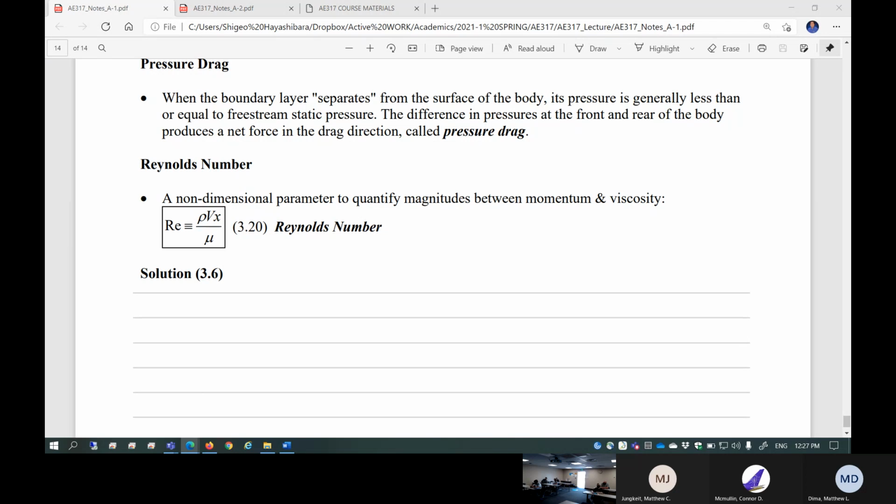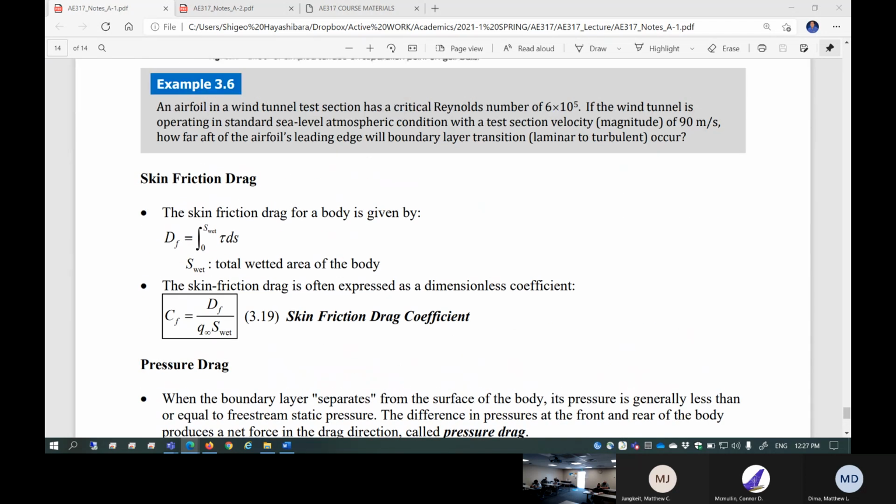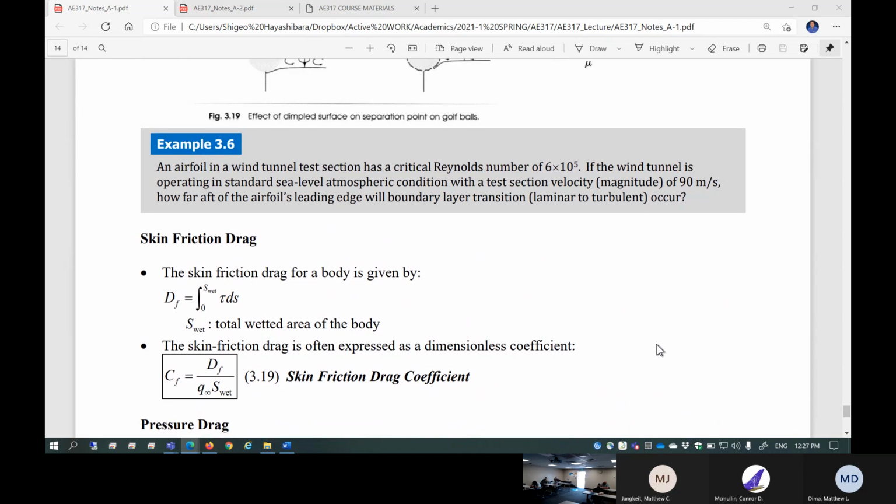So let's take a look at example 3.6, this page. An airfoil in a wind tunnel test section has a critical Reynolds number of 6 times 10 to the 5. Critical Reynolds number means that once the Reynolds number hits this value, you're going to expect the transition from laminar to turbulent flow.